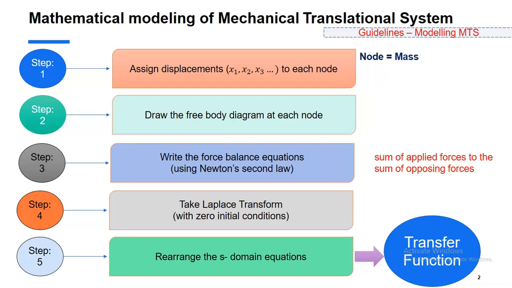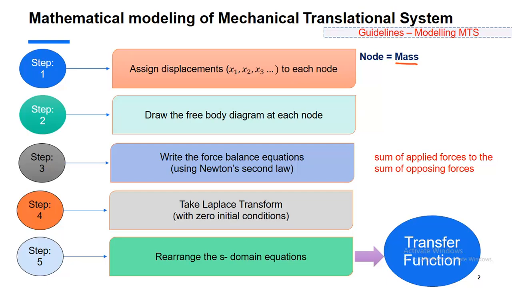So step 1, we have to assign the displacements to each node. Here the nodes are nothing but masses. We have multiple masses in the system, so we'll be considering each mass as a node.